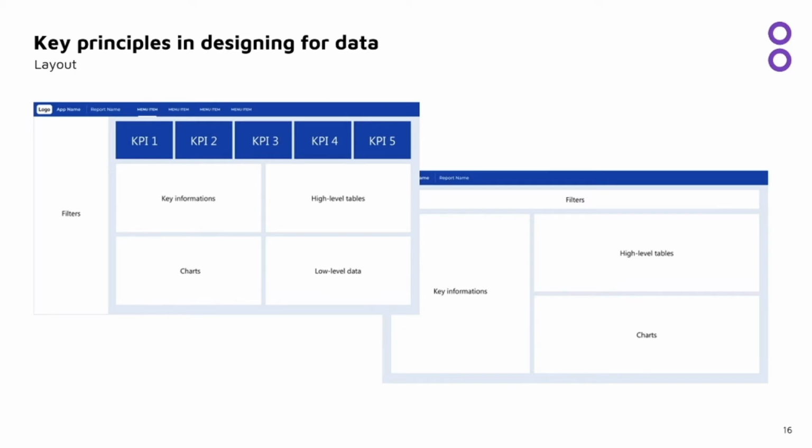So there is a possibility to put a logo on your report and put a name and put a title bar, and then layout also involves placing KPIs on top, filters. When you have this template, it's good for most of, for example, tabs in your report, and it's better to have it instead of making something up from zero on each tab.